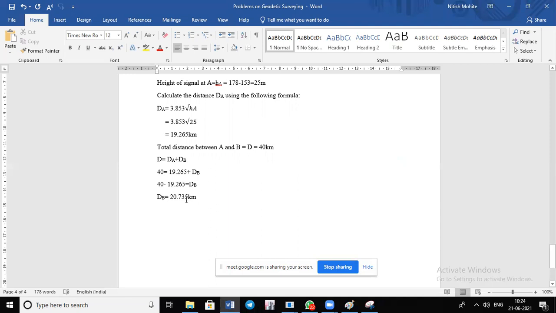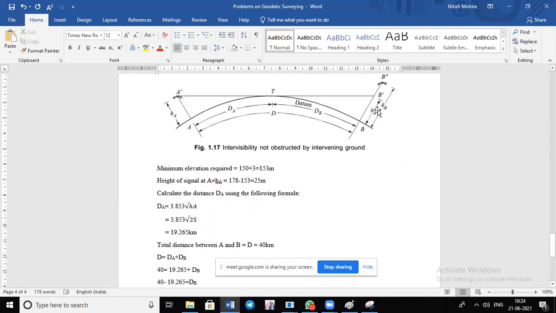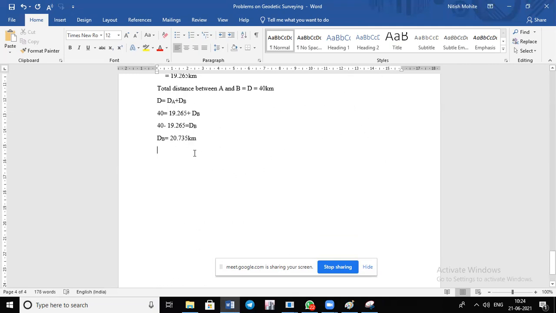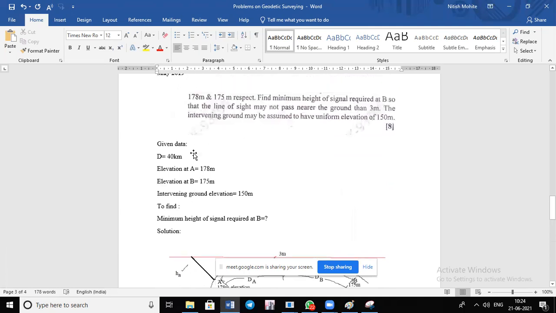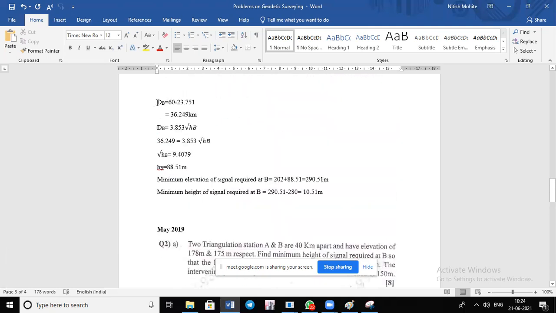So now we'll calculate correspondingly what is the height HB. I'll just take the steps here.